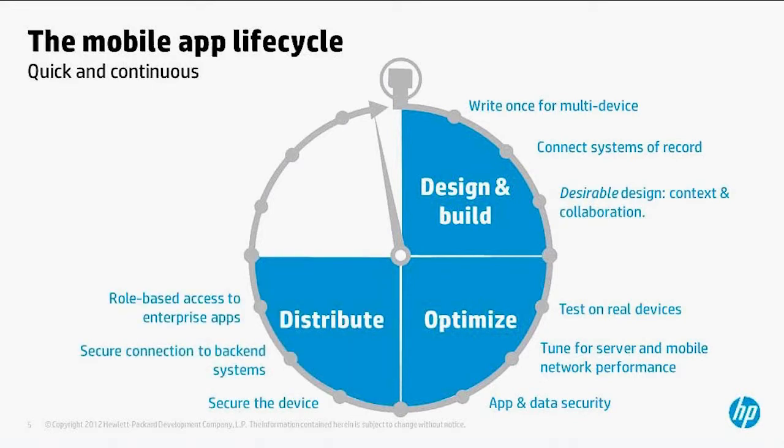Next, we need to look at the distributing of those apps. We could look at the traditional distribution method of releases, but here we're going to focus more on the ability to support BYOD and to easily distribute those apps on a device in a very controlled fashion, so that we can monitor overall access and control to those apps, as well as control the distribution of those apps to various users.